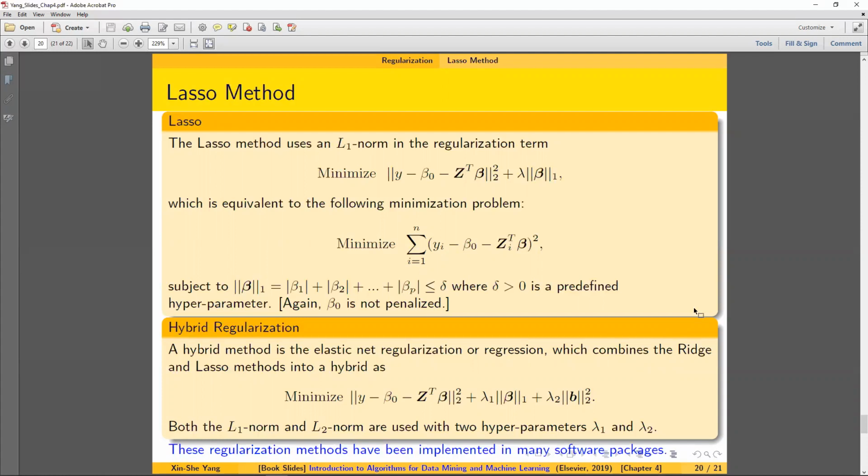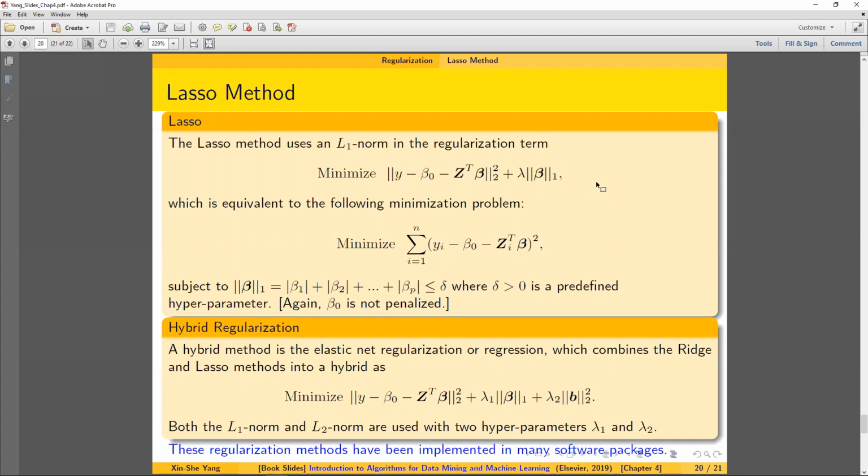Lasso regression, instead of using the L2 norm, uses the L1 norm. So the second term is the L1 norm, with the same idea of trying to drive the betas to 0 so that we can come back with a more compact form of the linear regression.